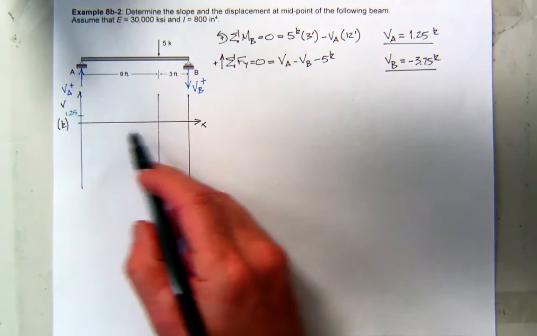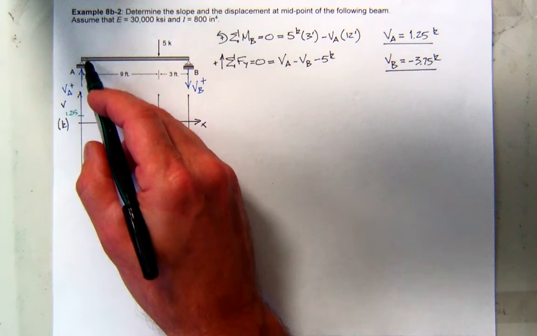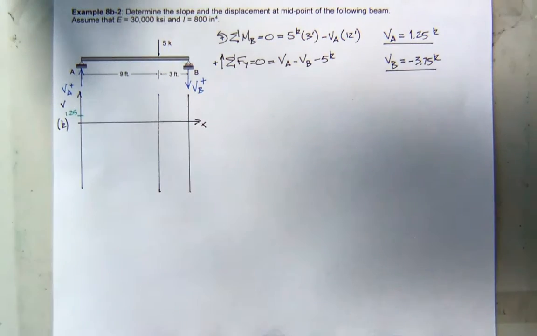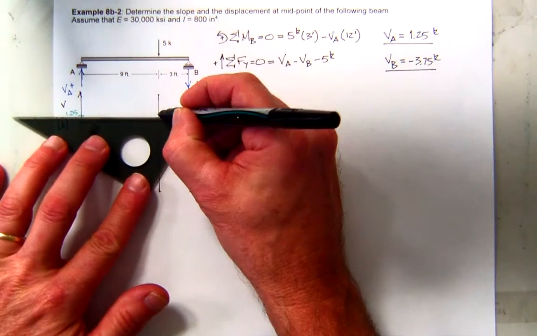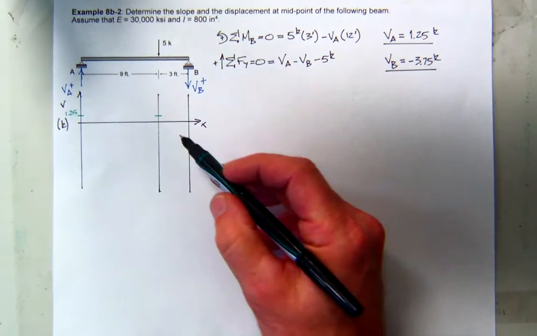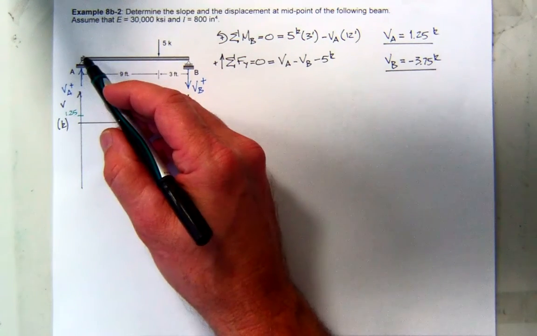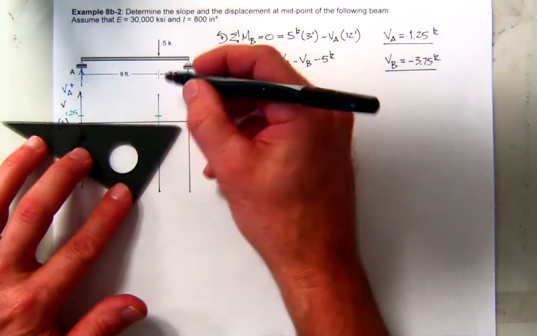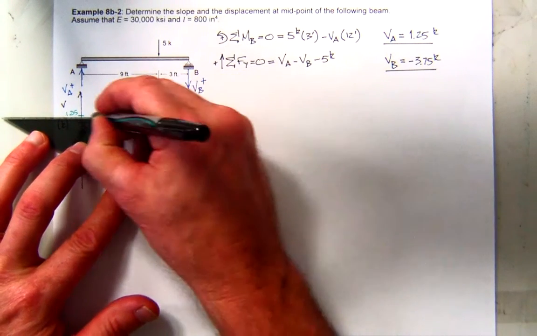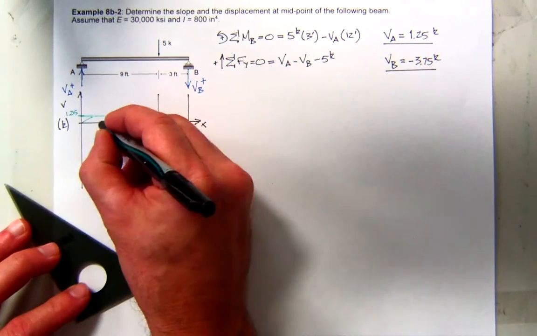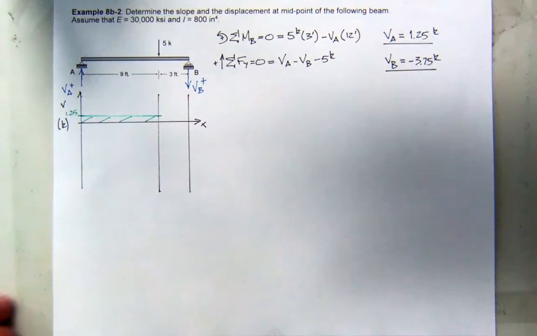The change in shear over the first 9 feet is the area of the load diagram, which is 0. So unchanged. The slope of the shear diagram is the load. The load is 0. So we have a 0 slope, so a constant shear over the first 9 feet. That's not unexpected.